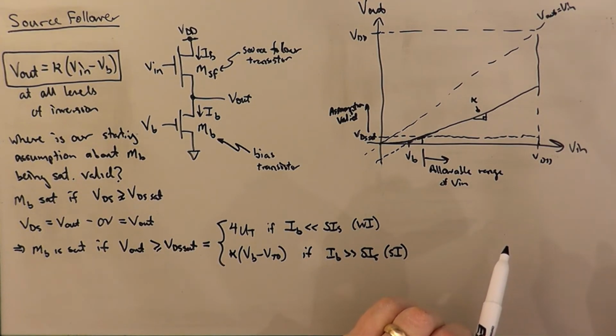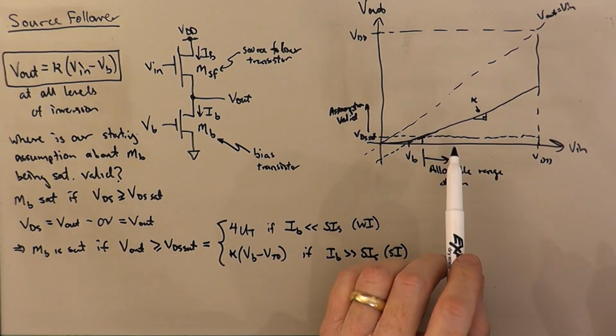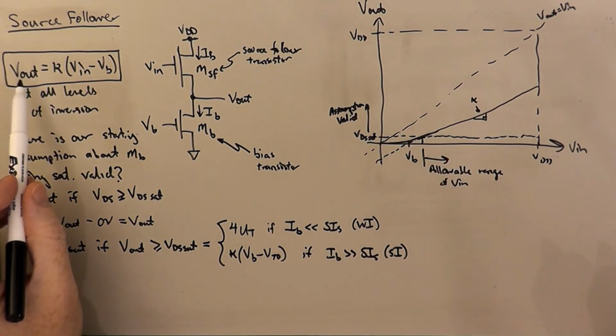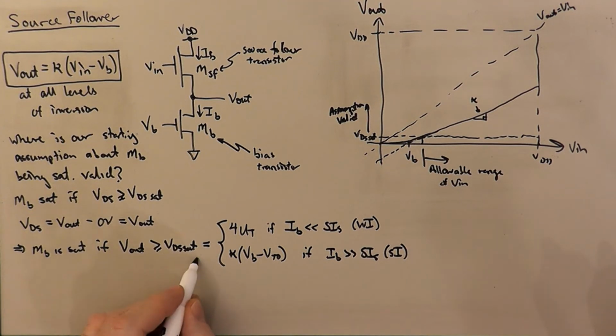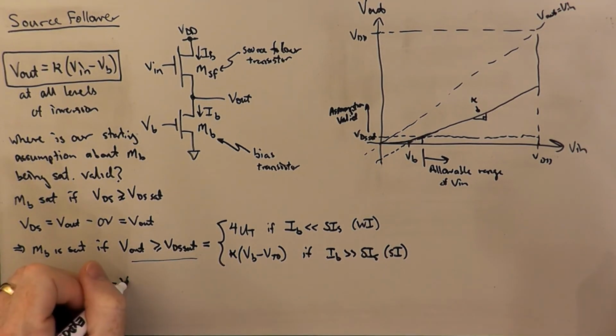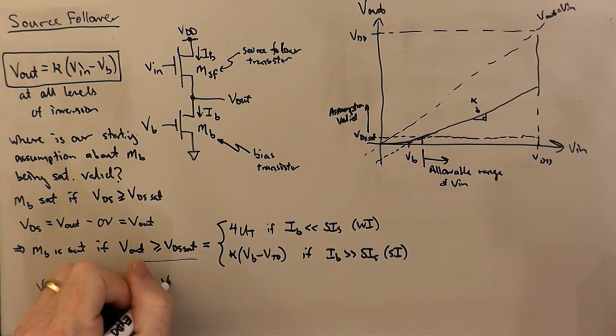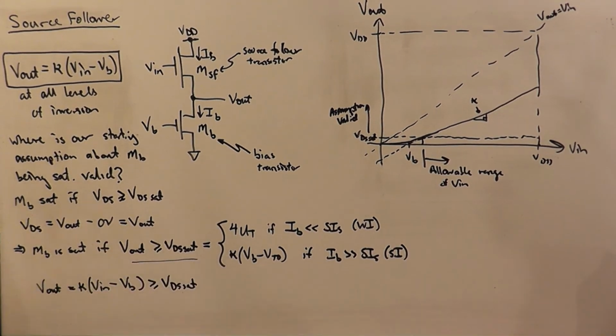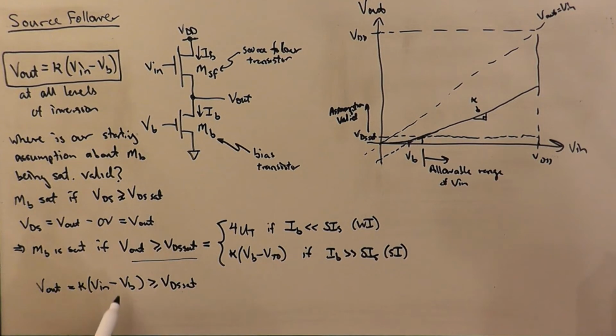And we can basically use our model for V out as a function of V in to re-express this condition on V out into an equivalent condition on V in. So we can say V out equals kappa times V in minus VB has to be greater than or equal to VDS sat. And so we can then basically divide both sides by kappa and move the VB in.